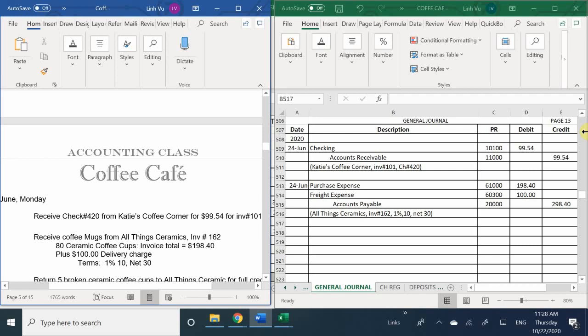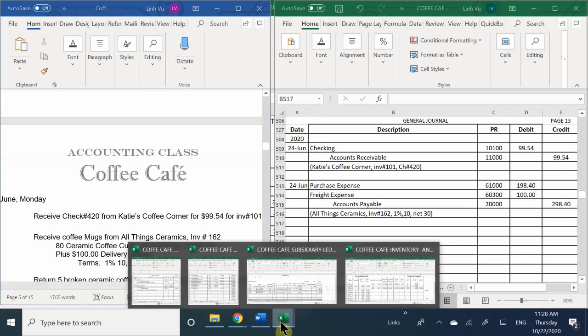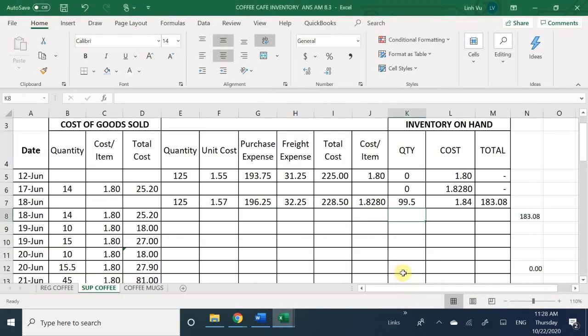Update the coffee mugs inventory on hand.